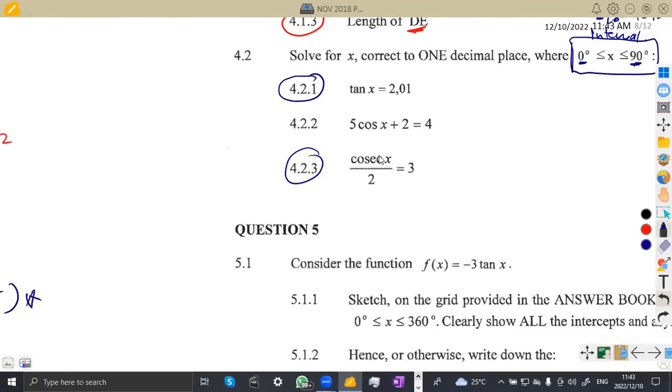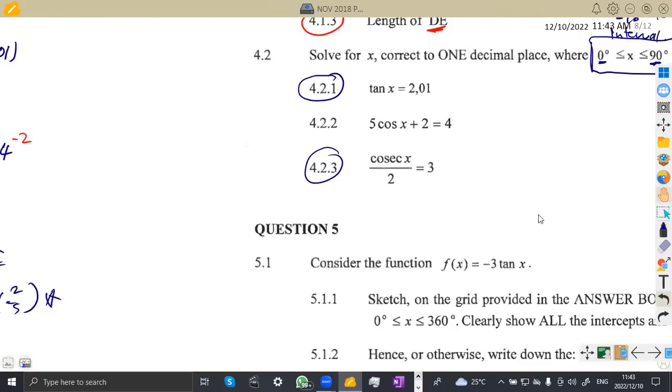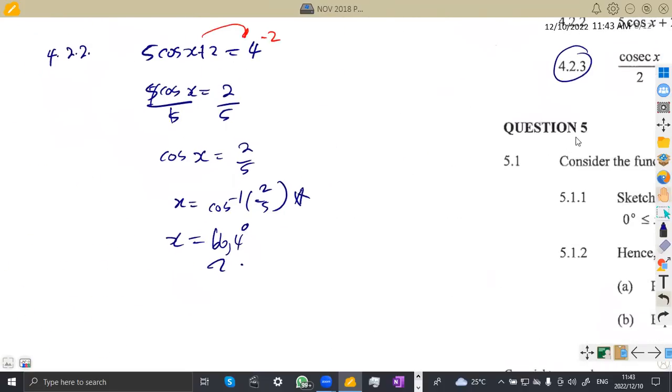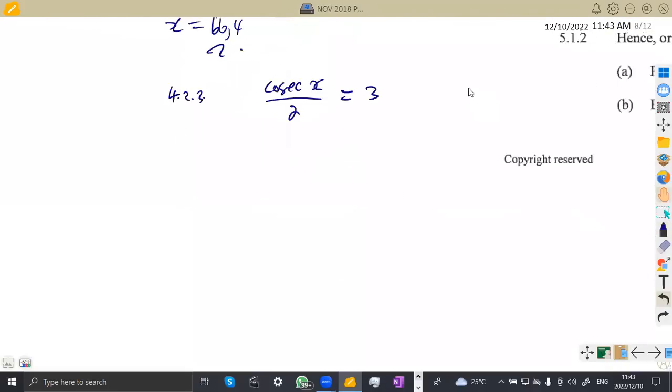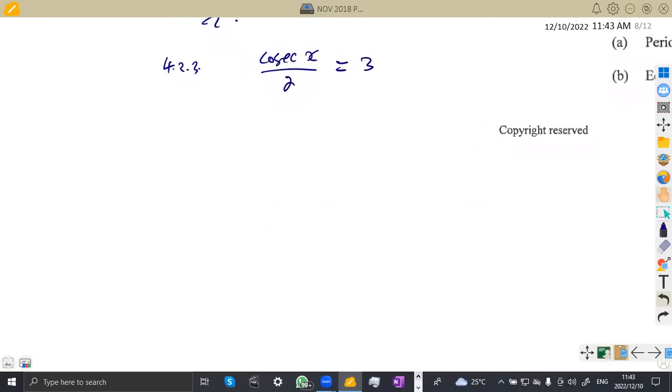On 4.23, cosec x over 2 is equivalent to 3. Let's even use this space here. We are given that the cosec of x over 2 is equivalent to 3. So how can I simplify this? Before we talk of the cosec value, let's start by dealing with the fractions. We can remove the fractions by cross multiplying.